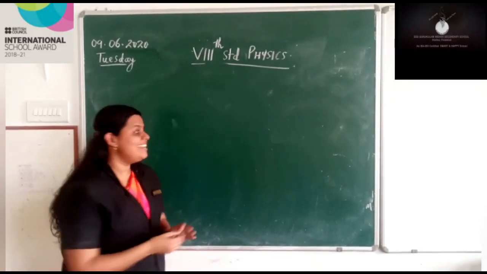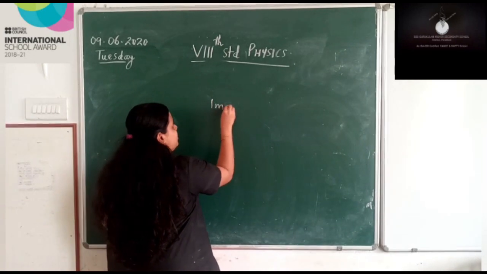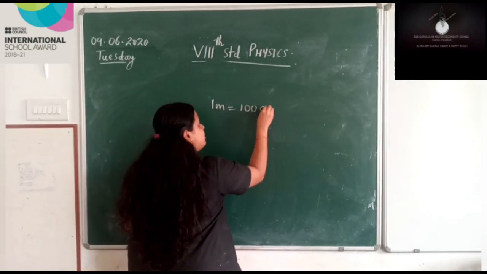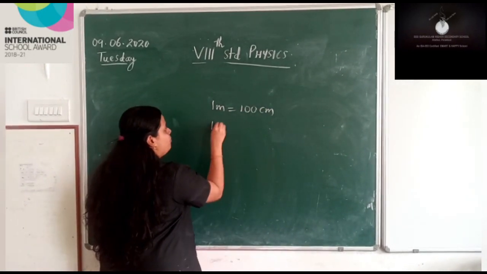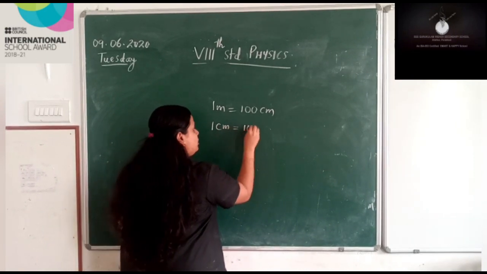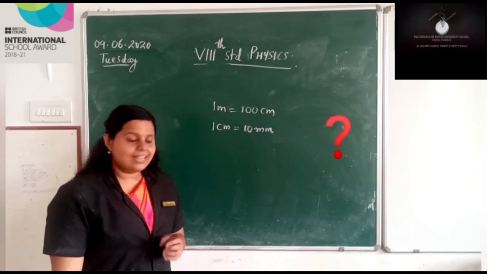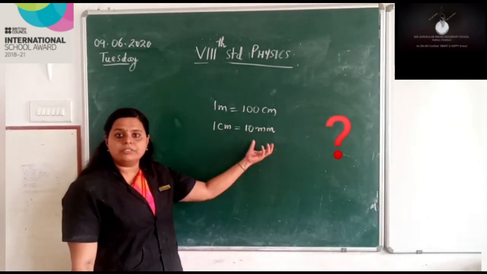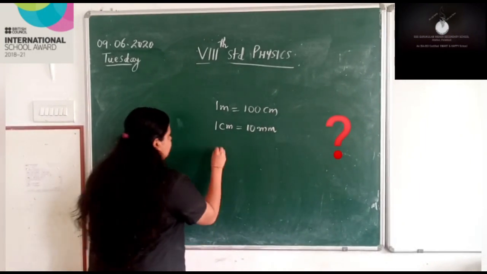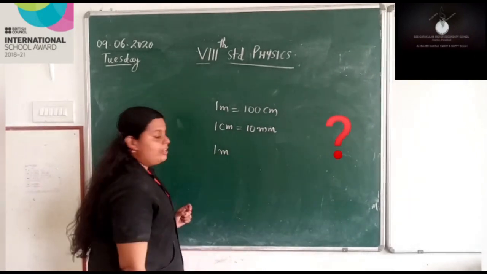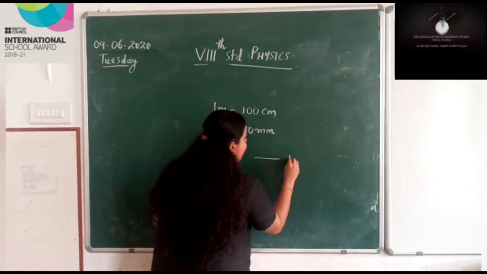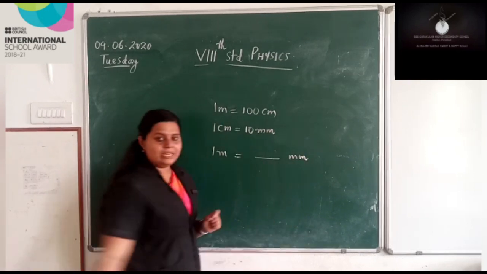So now it is clear that 1 meter is equal to 100 centimeter and 1 centimeter is equal to 10 millimeter. So here comes a question: how many millimeters constitute a meter? That is, 1 meter is equal to dash millimeter.